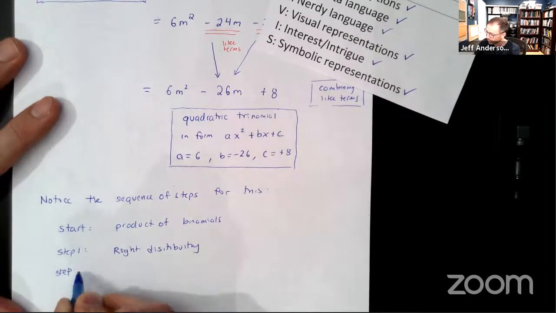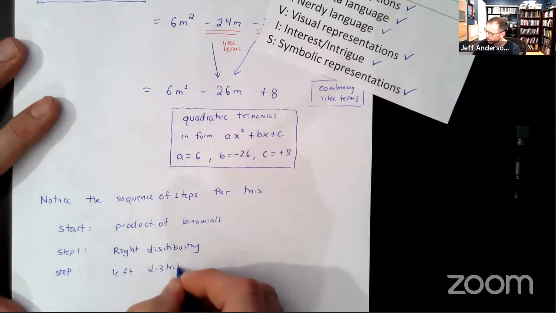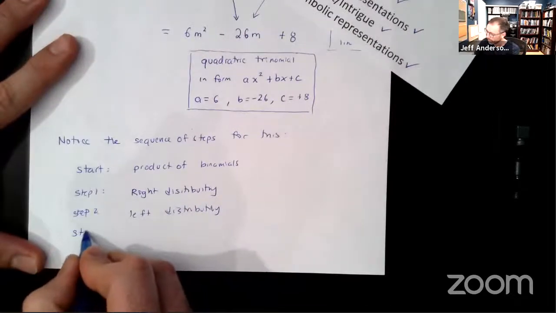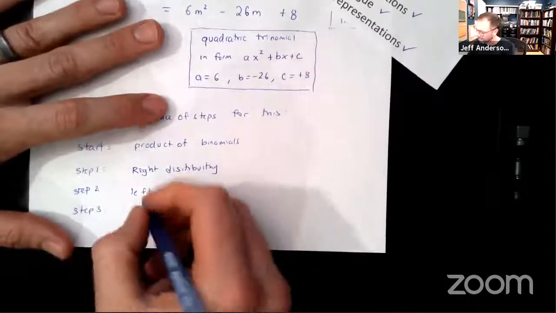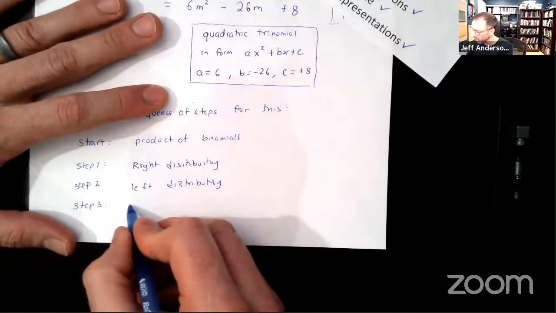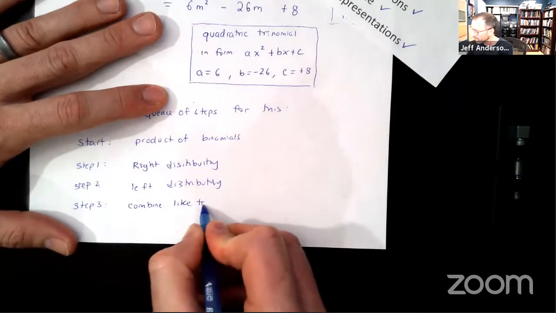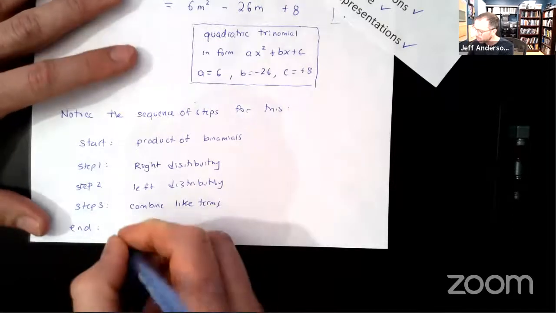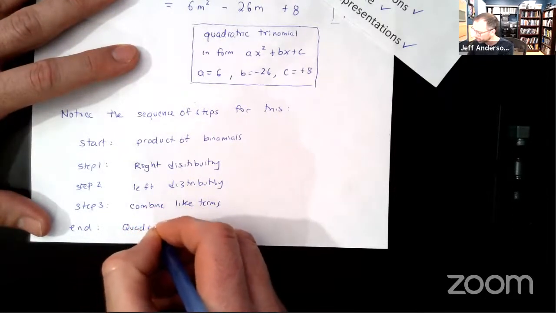Step 2 was to do left distributivity. Step 3, I'm starting to write like a doctor, huh? Let me not do that. So this is called combine like terms. And then we ended this process with what we called a quadratic trinomial.